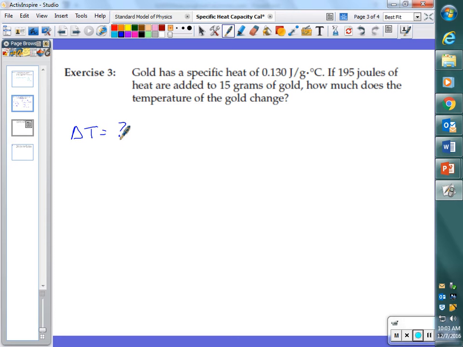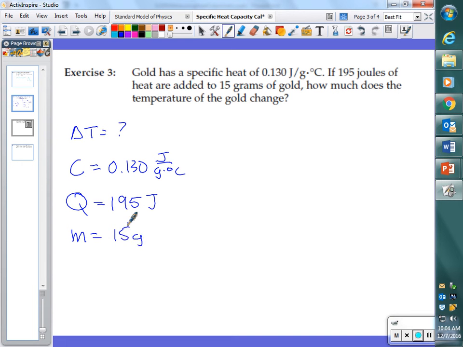It told us that gold has a specific heat of 0.130 joules over grams times degrees C. It says that 195 joules of heat are added. That's going to be what letter? Q. That's Q, because Q is our heat energy. And then it tells us that the mass is 15 grams. Good there?